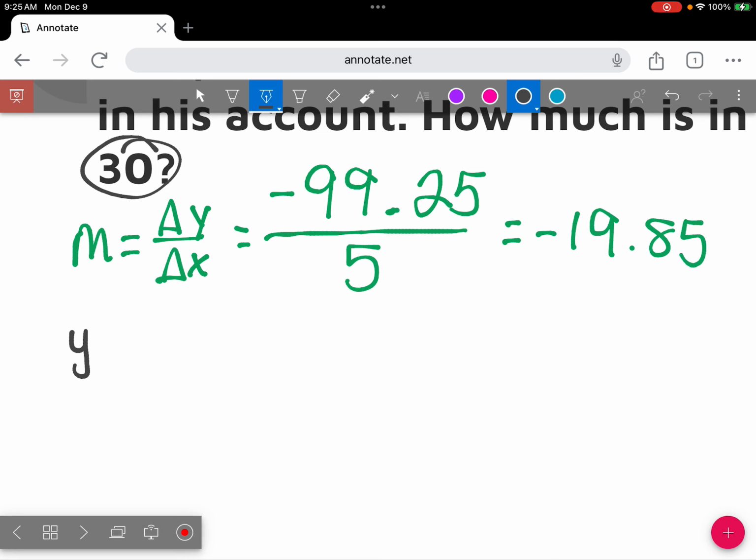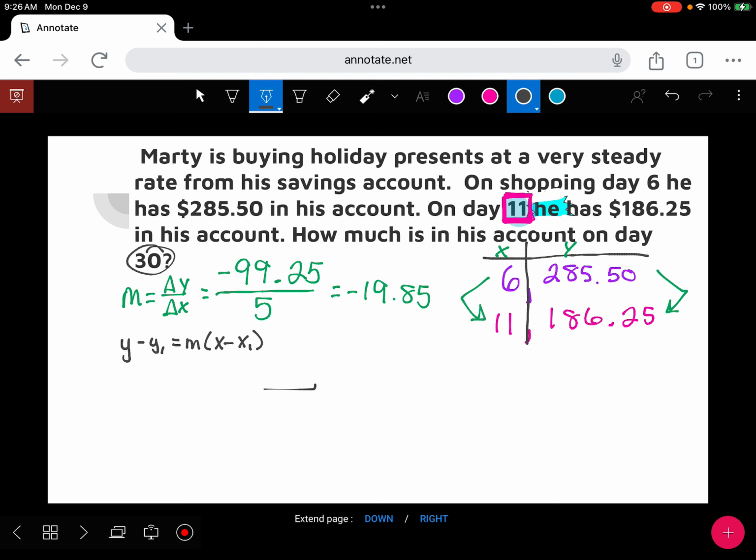Remember our y minus y1 and x minus x1. Our point slope form. I've got a point and a point. We can use point slope form to write our equation. We don't have to put things in slope intercept form. You can work your way backwards to find your y-intercept. You can do a substitution where you put in your slope and your 2 points to try and find your y-intercept. There's, like I said, many pathways through, but I think honestly the easiest is to do the point slope form because you don't actually have to do a bunch of calculations on it.